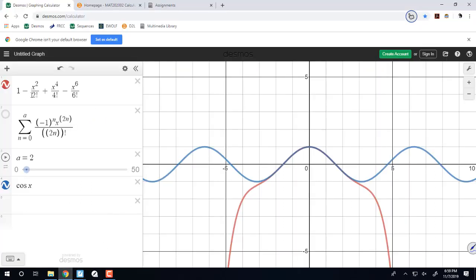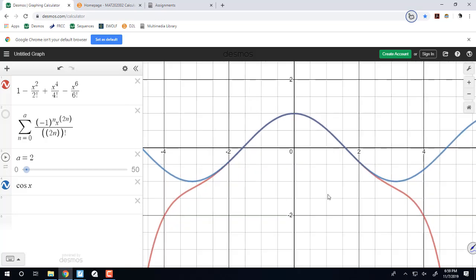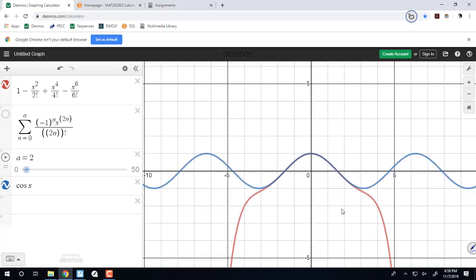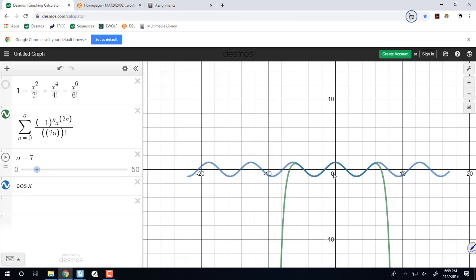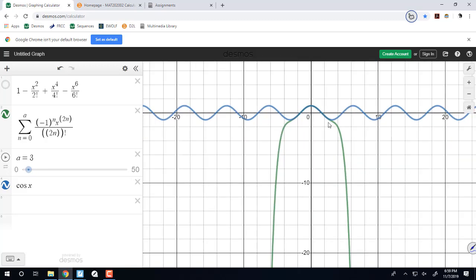So here's cosine, here's our polynomial. I don't know how far we want to go out, but we had 1, 2, 3, 4 terms there. So there is our polynomial.